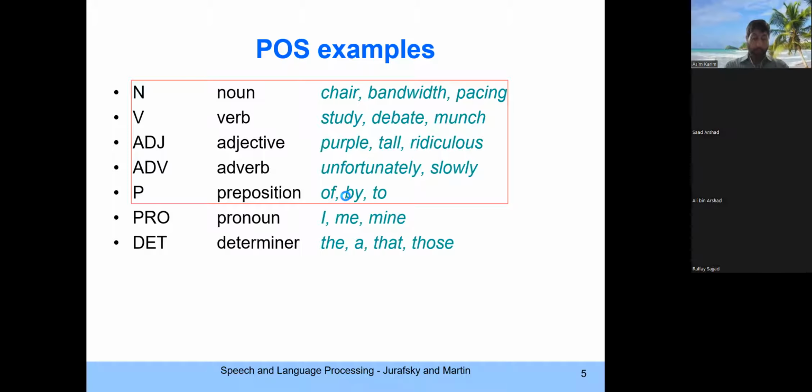Determiners, of course, are "the", "a", the common words that are used in English. Conjunctions are words that join two segments of a sentence: and, but, and so on. So pronouns, of course, are kind of surrogates for nouns. So I, mine, he, she, all of those are pronouns.